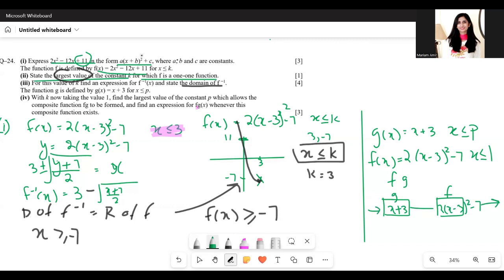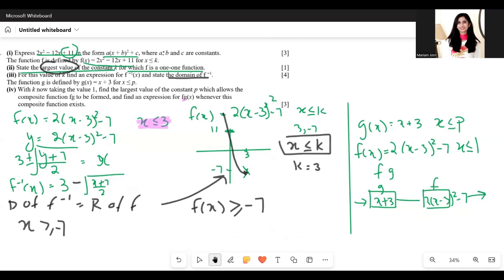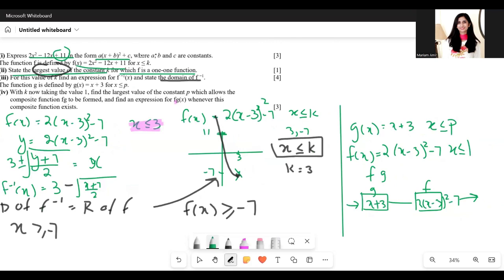That is what fg is. We substitute g in f. Now, the output of g should lie within the input of f. In class, we used to say that the range of g must lie within the domain of f. Now, what is the domain of f?